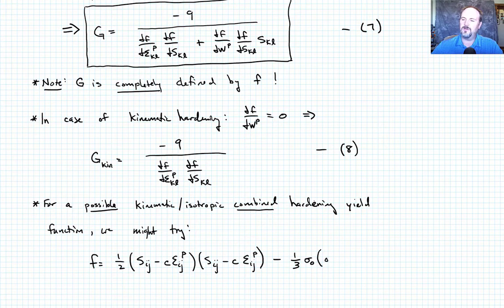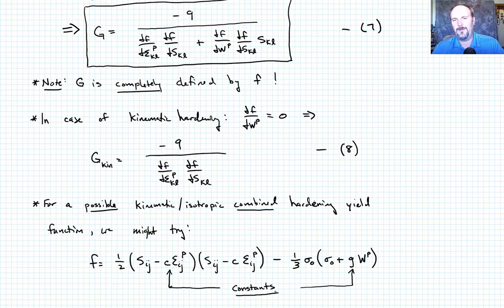But then we also want to say, well, it's going to grow somehow. So it's G, let's say, times the plastic work. And in this case, C, that value that describes how the backstress moves, and G, the quantity that describes how fast the yield surface grows, those are constants, right? That would be an example of a very simple combined kinematic isotropic hardening model.